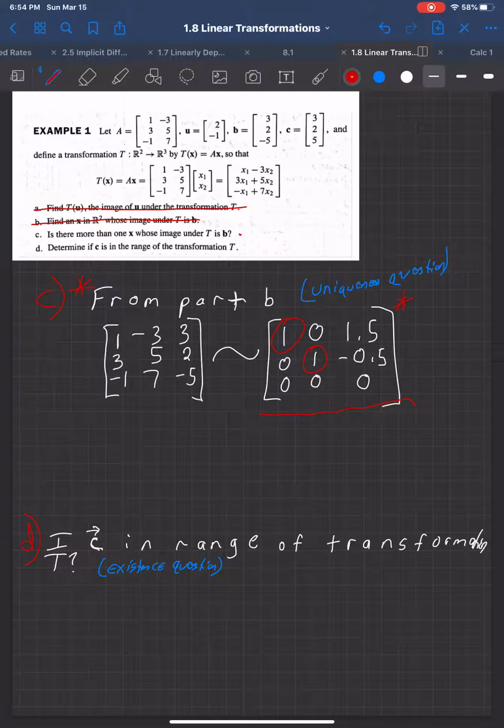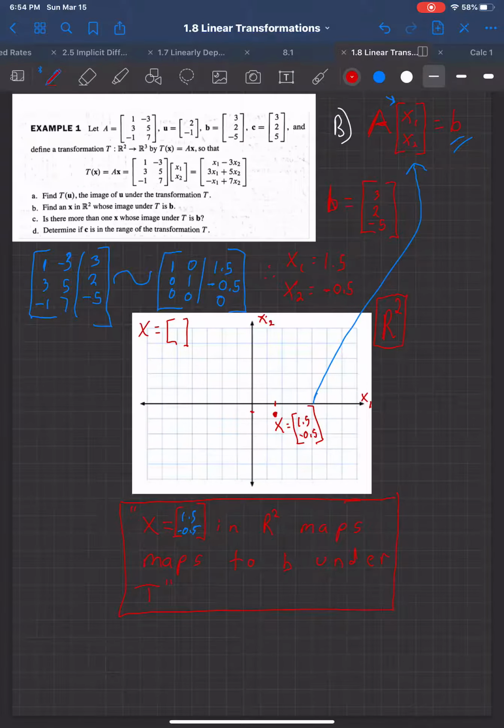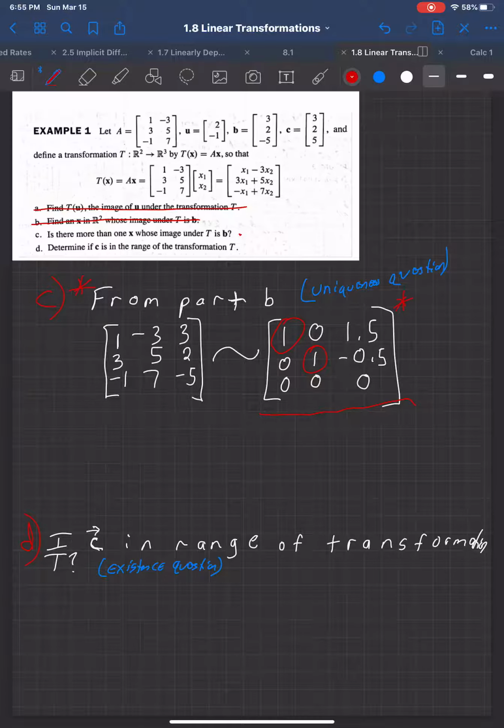That means this solution is actually unique. So the question is, is there more than one x whose image under T is B? And the answer is no. That's the only way to get from R2 to that point in R3.